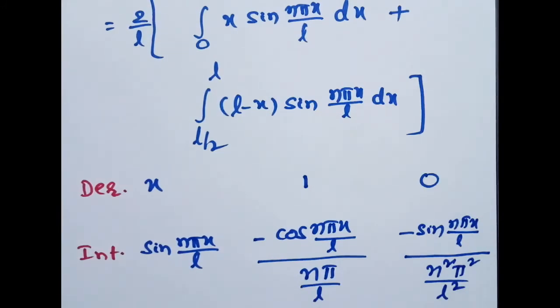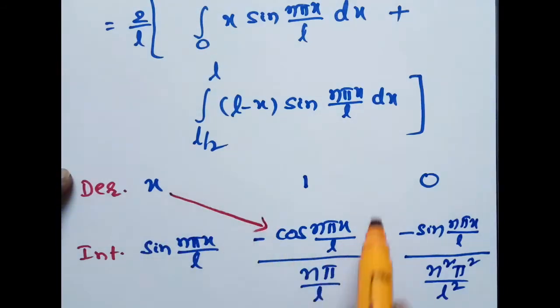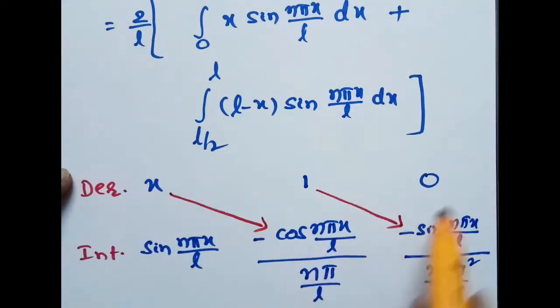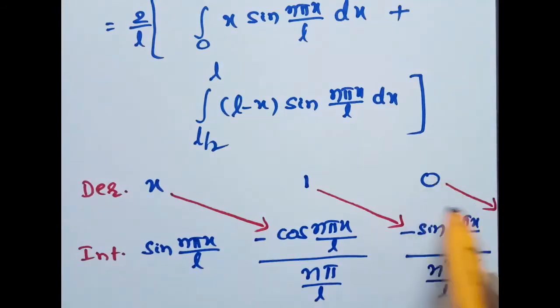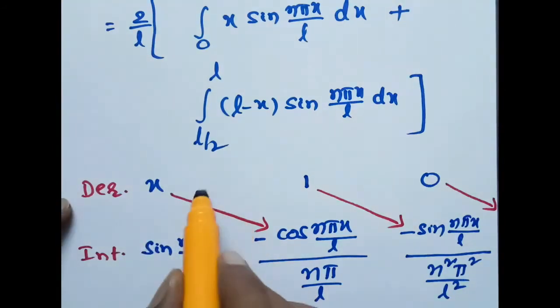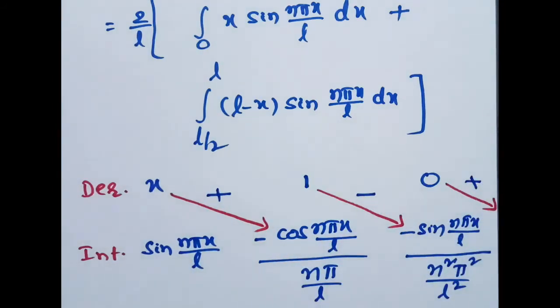Now we are following the arrow marks method to evaluate that integration. Multiplication of these two, multiplication of these two, and multiplication of 0 into some finite value, so we are not integrating further because 0 into that value is equal to 0. The signs alternate plus, minus, plus.